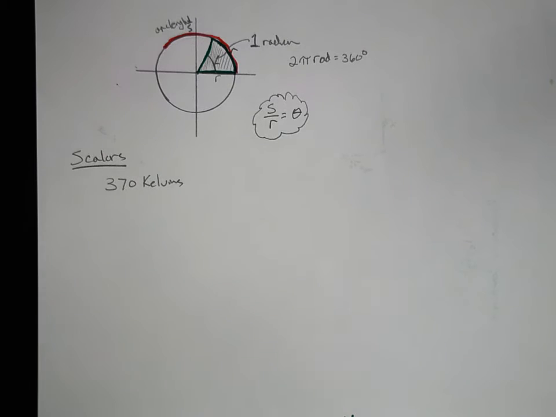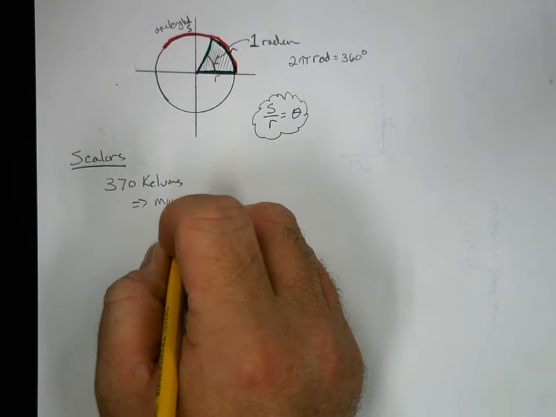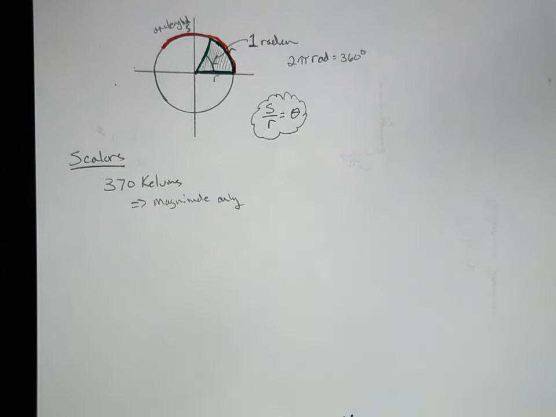However, in vectors, and scalars are a magnitude only. That is the mathematics of elementary school. 3 plus 4 equals 7. Vectors, however, don't work that way.